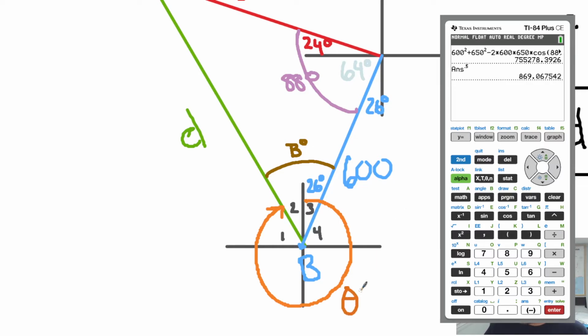Maybe the heading can be theta, but along the way we have to find angle 2, which I'll call phi. So if we want to find theta, we need to find phi, but if you want to find phi, you have to find angle B, and if you want angle B, then you've got to do law of sines.